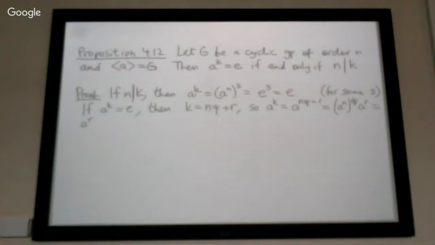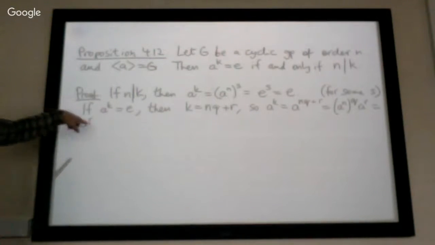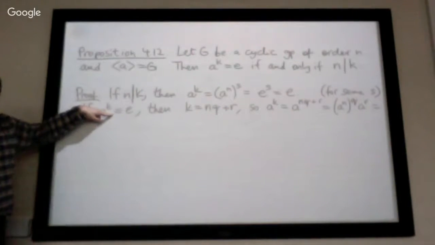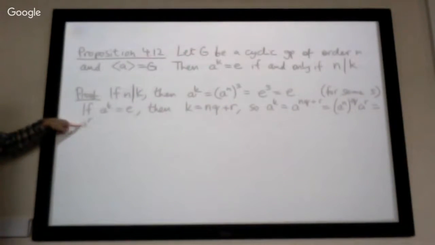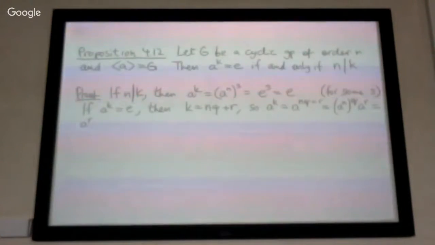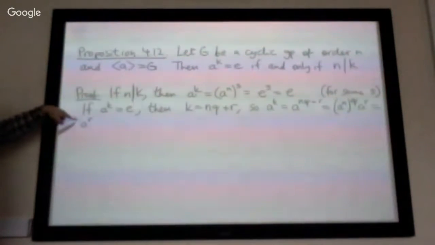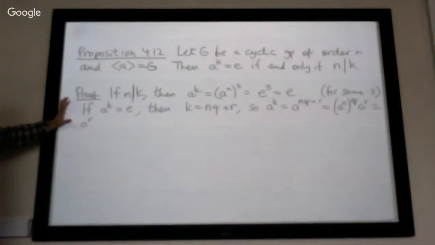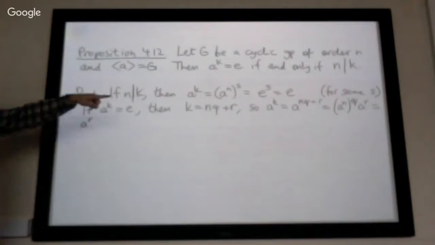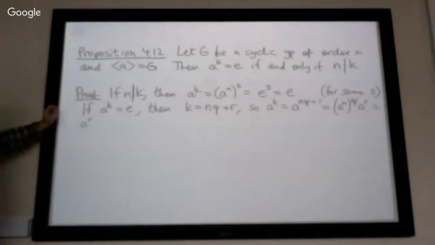Now we have the same trick as before. So a to the k is the identity, as we're assuming. So a to the r is also the identity. But r is somewhere between 0 and n minus 1, because it's the remainder, and a to the anything smaller than n can't be the identity.